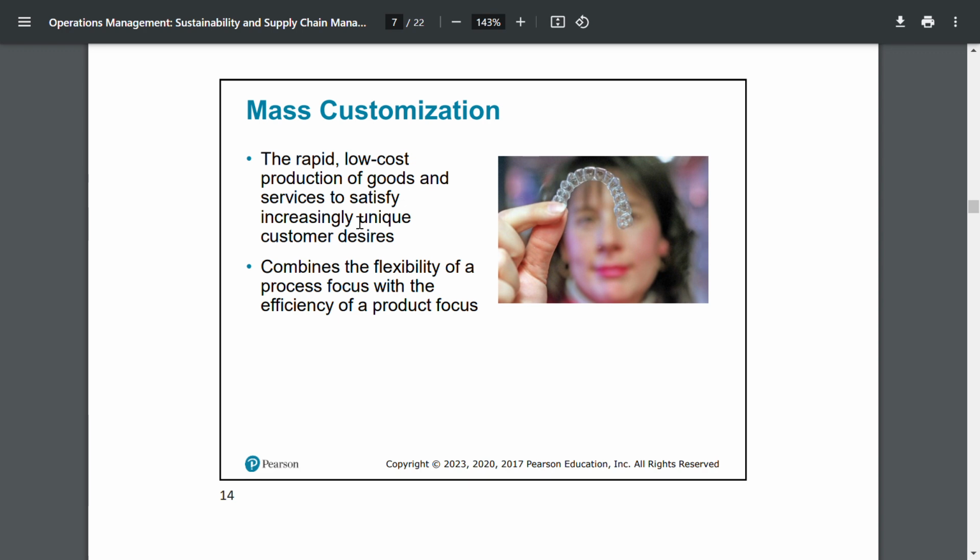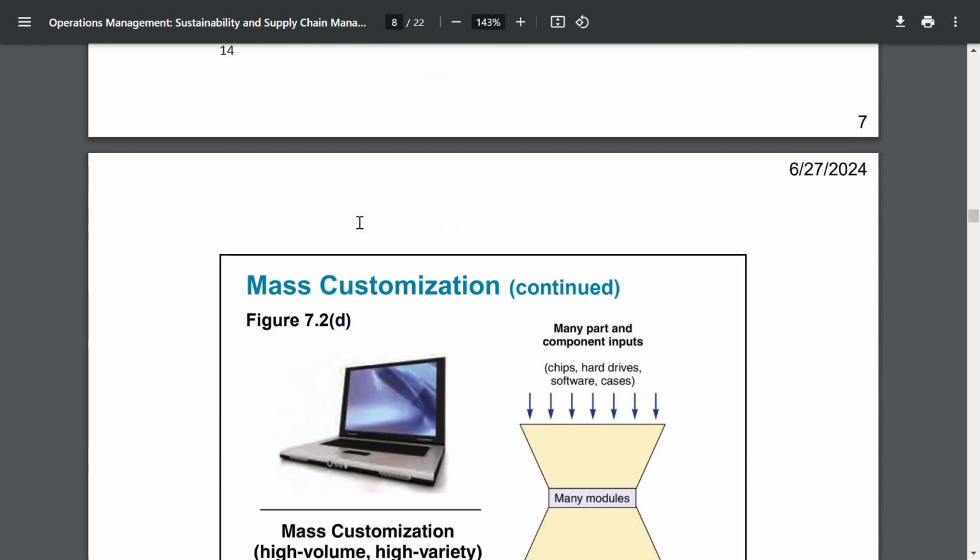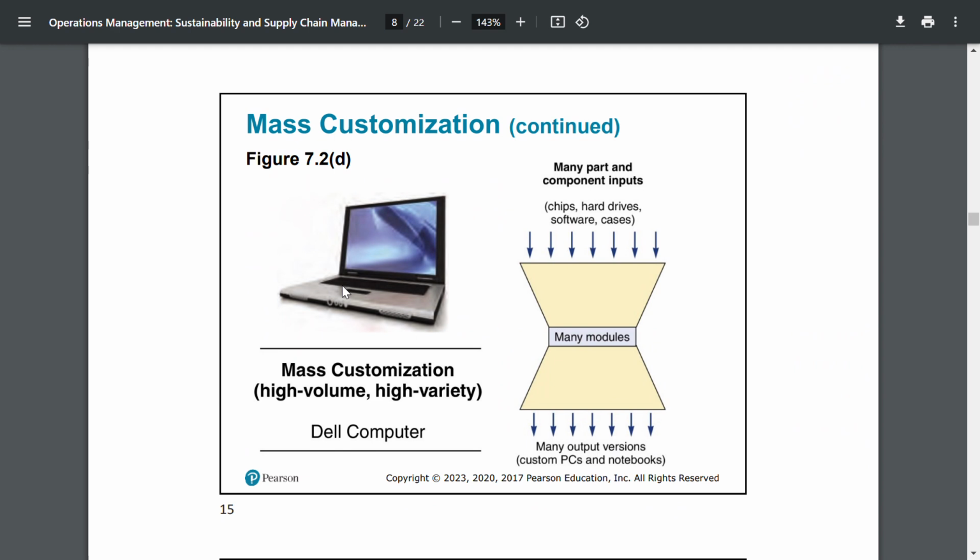Like for example, as we said, Microsoft, Apple, Dell, HP, these have high market share, and they basically take a lot of the market since they are really for the masses and they are really customizable and very flexible. And as we said, laptops. So it has many parts and component inputs.